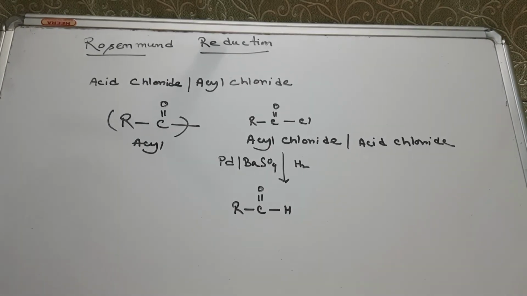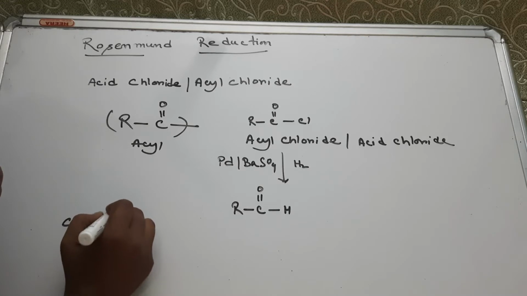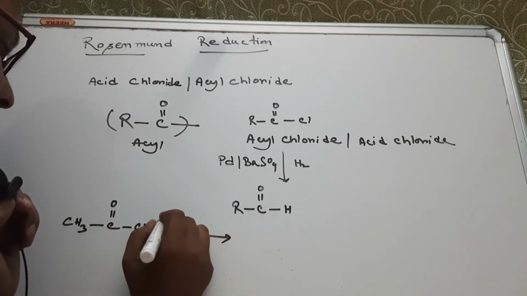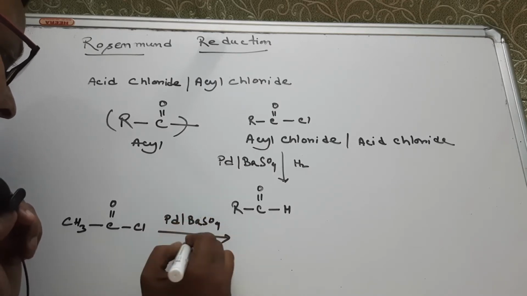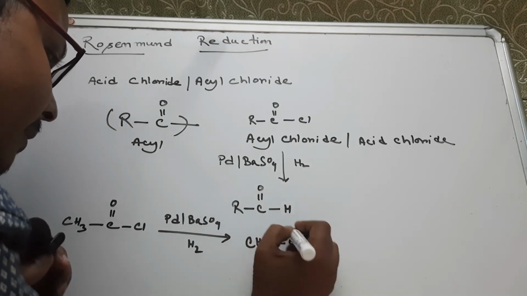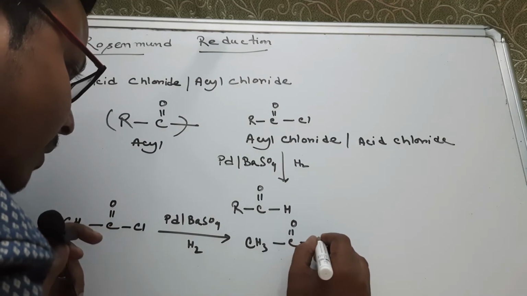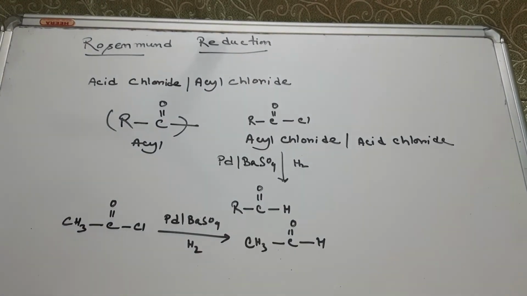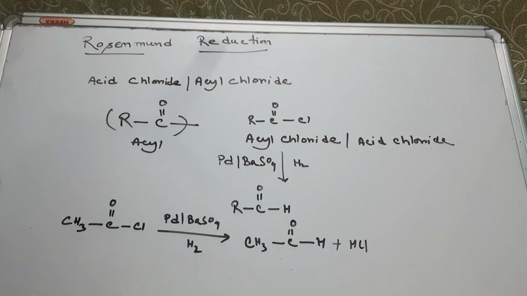Like this, CH3COCl with palladium, barium sulfate and hydrogen gives acetaldehyde, because in place of Cl only one hydrogen is attached.